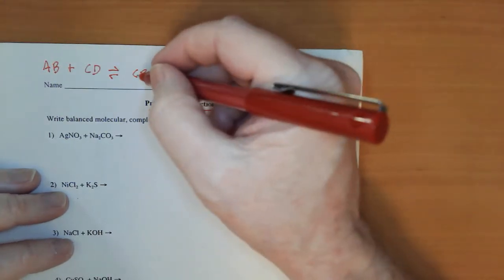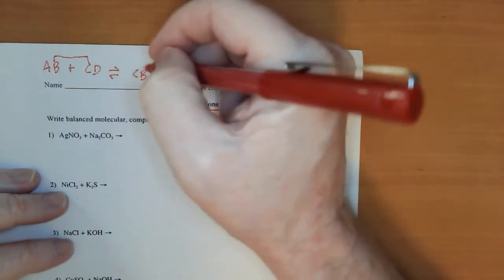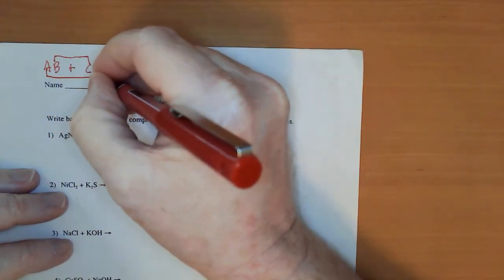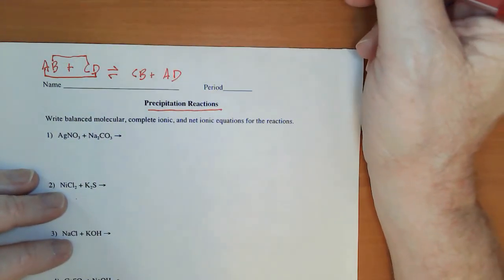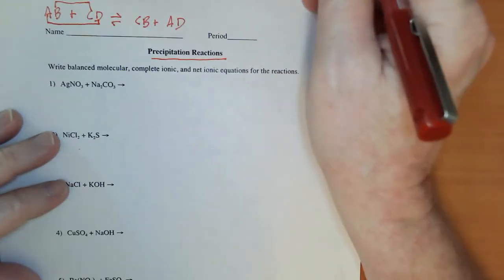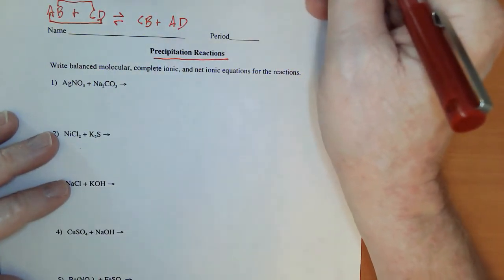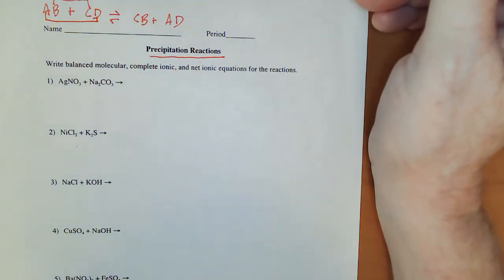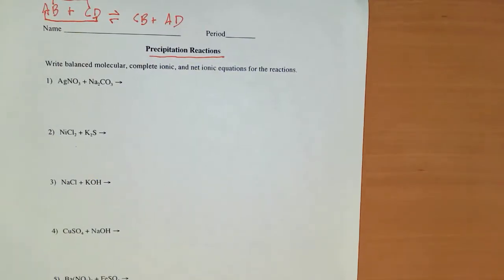Now that means that C is going to hook up with B, positive, negative, and A is going to hook up with D, positive, negative. And then I'm going to determine which one of them is soluble and which one of them isn't. Or maybe they're both soluble, or maybe they're both not soluble. All those things can happen. It's not unheard of.